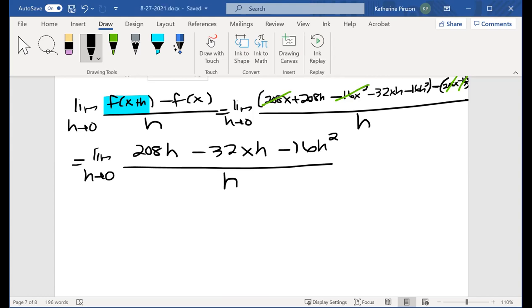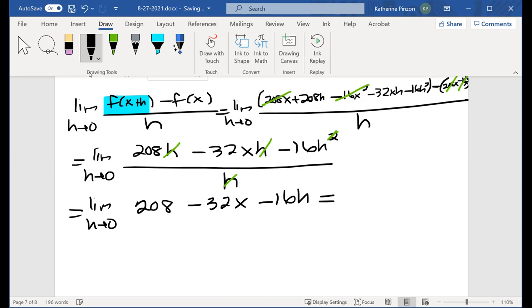Everybody has to have an h. If everybody doesn't have an h, you've made an error. You're going to cancel one h from each term. Limit as h goes to 0 of 208 minus 32x minus 16h.